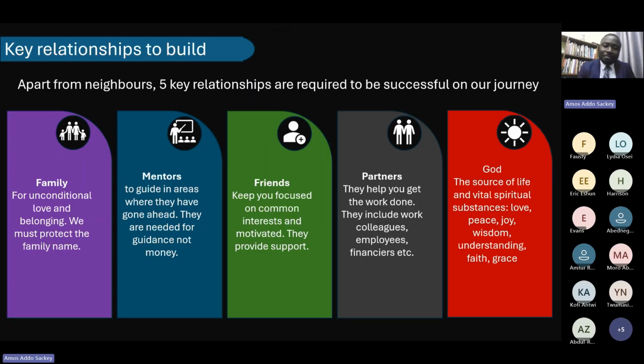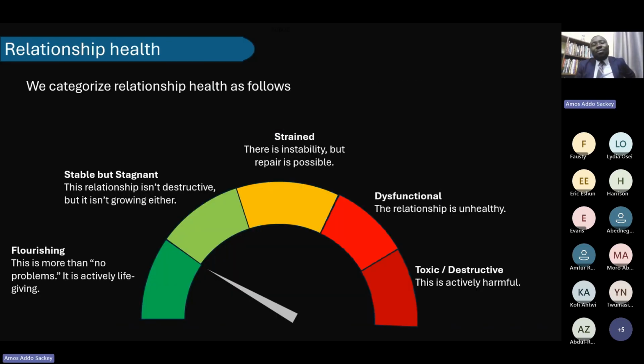Now, let's look at how healthy or unhealthy relationships are. At this point, I would like you to start thinking about your relationships now. I know everyone has a family.